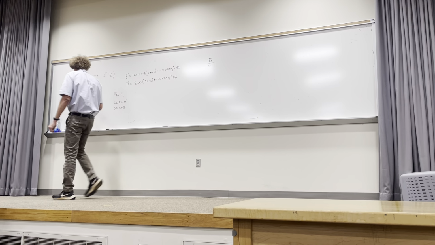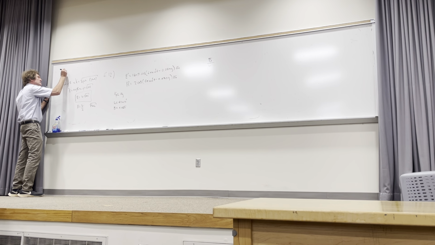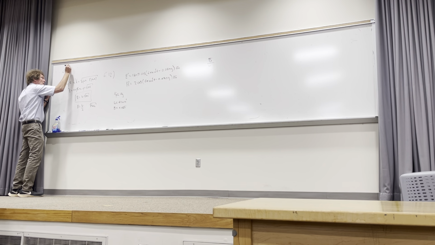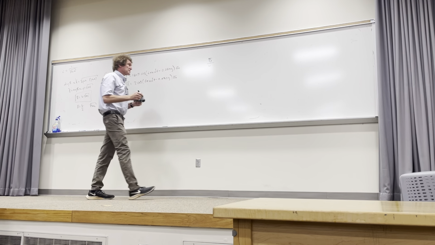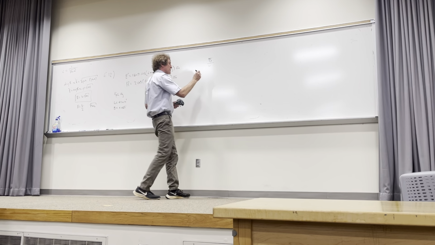I'm just getting rid of things I don't need. So c is equal to 1 over the square root of mu naught epsilon naught, and the square root of mu naught epsilon naught was up top. I'm replacing it by c. So I can put c over here, and that's equal to the square root of mu relative epsilon relative, right?